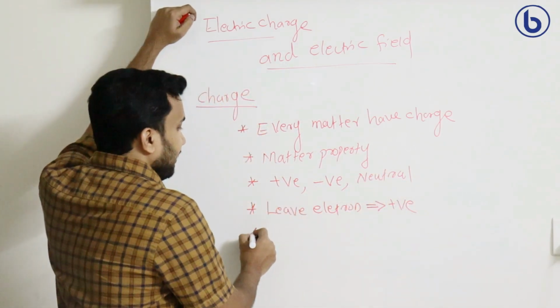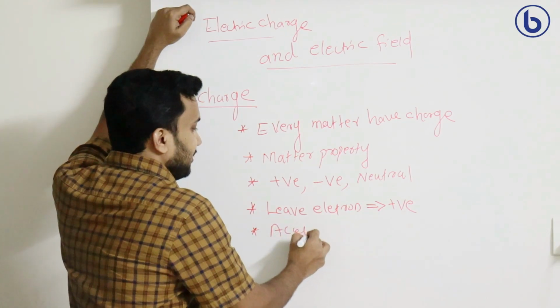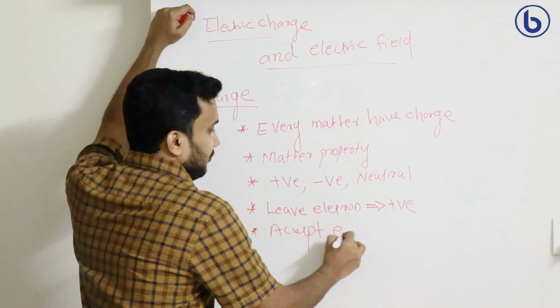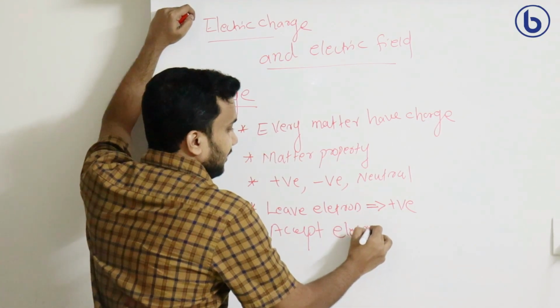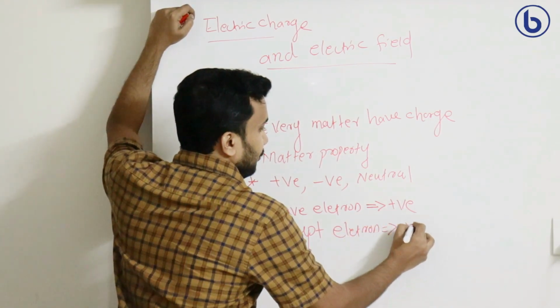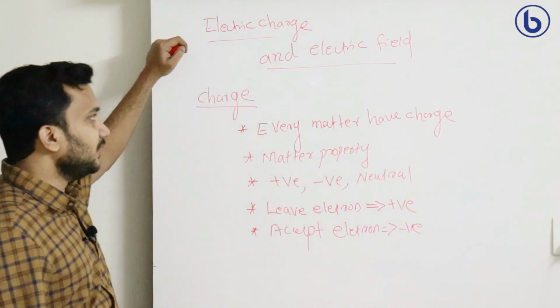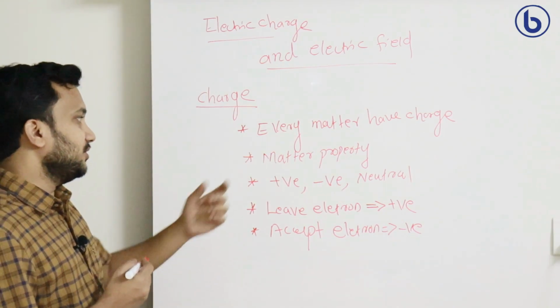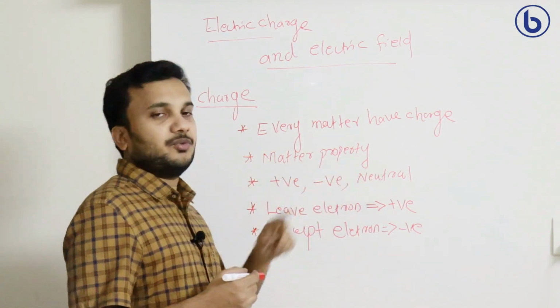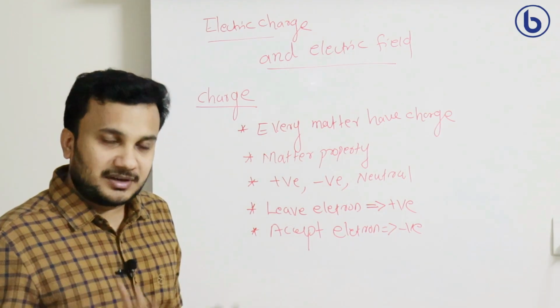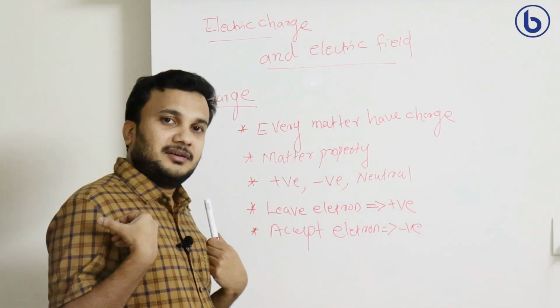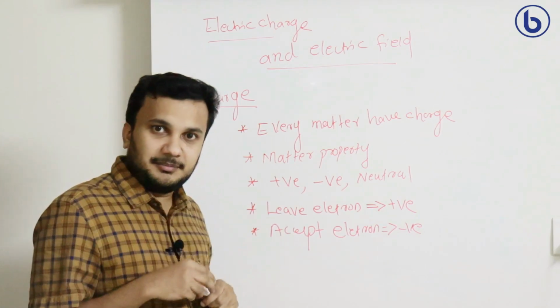And in another way, if that matter accepts electrons, then the matter becomes negatively charged. So positive charge understood, negative charge understood, then what is neutral charge? The matter is neither accepting nor giving electrons.